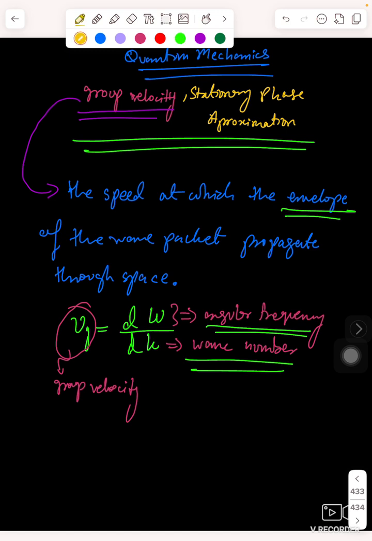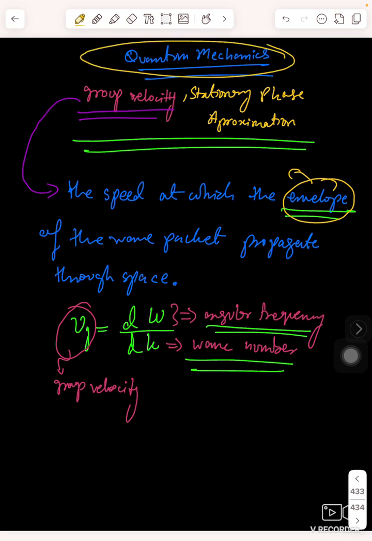We can also give an overview of the envelope: it is nothing but a smooth curve that outlines the amplitude variation. So we're more interested in the wave's amplitude and frequency, but in terms of quantum mechanics, not classical physics.